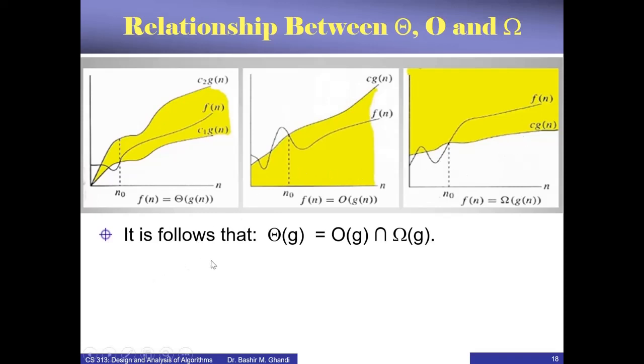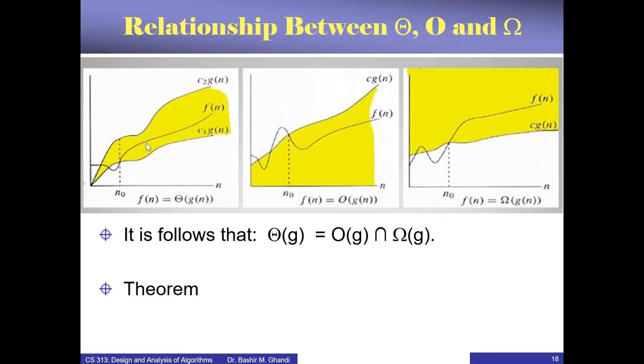It follows, therefore, that the set big theta is the intersection of the set big omega and big O. Remember these are sets, as I tried to explain, sets of functions. So only those functions that are in both big O and big omega can be said to be big theta.